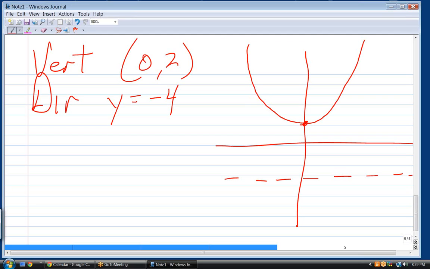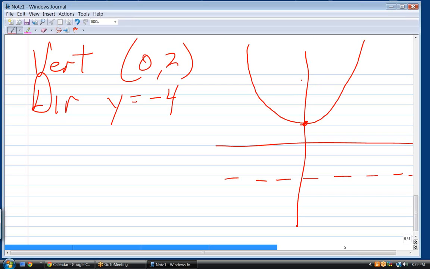Yeah. They change it. Once you start dealing with parabolas as conic sections, and you have to deal with the directrix, and there's also a focus right there, then they give you a different general format.